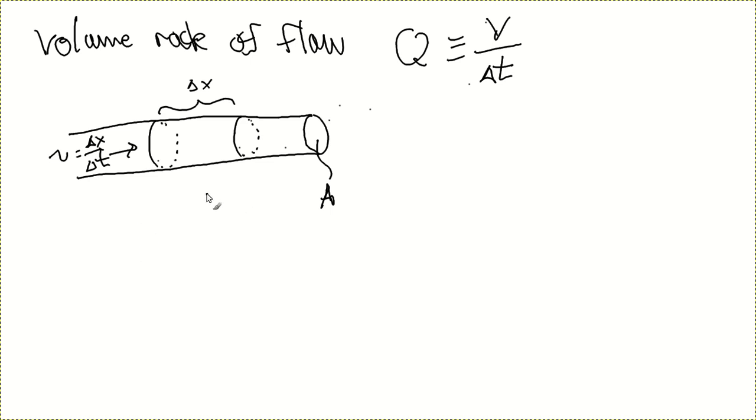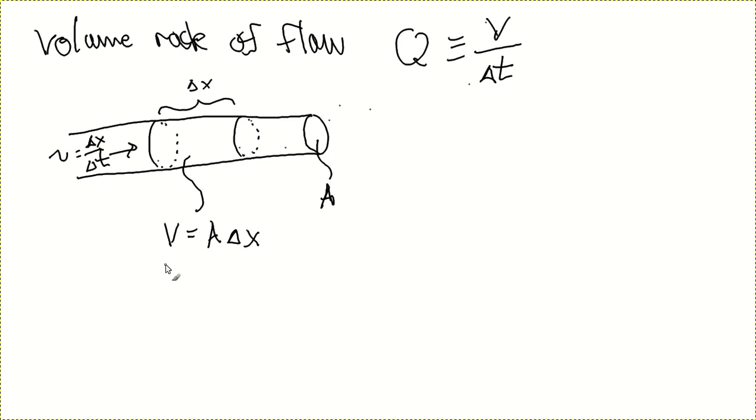And the volume of this cylindrical volume of fluid is equal to the cross-sectional area of it times this length, delta x. So I'm going to write that a little bit more neatly for you, delta x. Area times delta x.